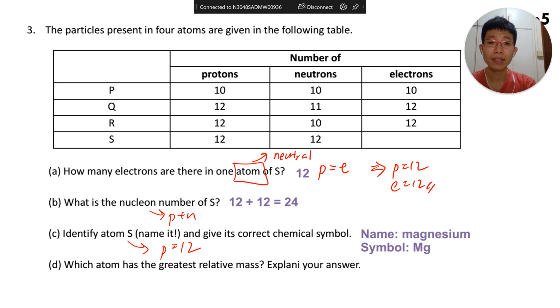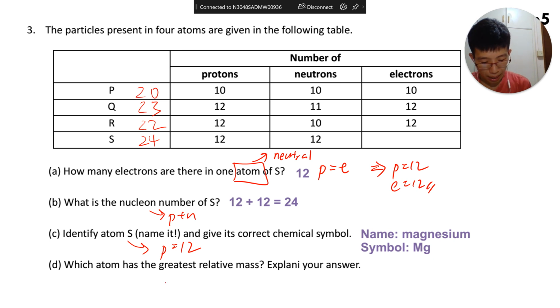So which atom has the greatest relative mass? How to find it? It will be basically adding up the number of protons plus neutrons. For S, it is 24, which is what we have calculated. For R it will be 22, Q will be 23, and P will be 20.